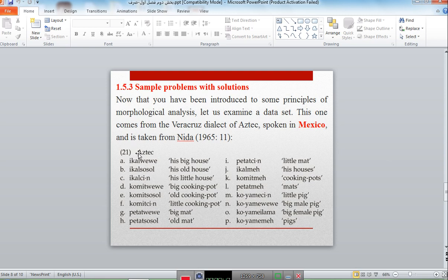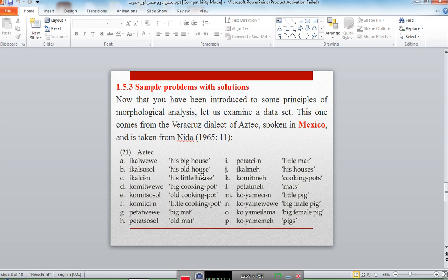So ikal means house. We can break it down into 2 parts because this part, ikal, is the same in these 3 words. So we can conclude that these 3 morphemes, which are the same, ikal, have the meaning house. So all have something to do with house, and more specifically maybe his house.